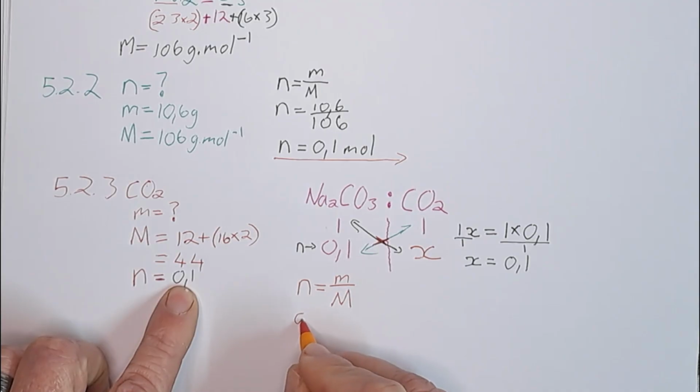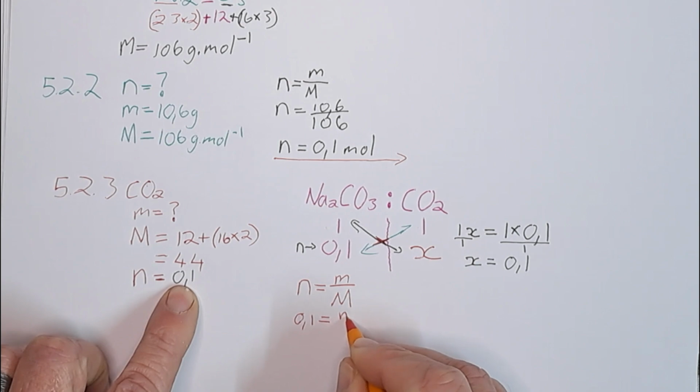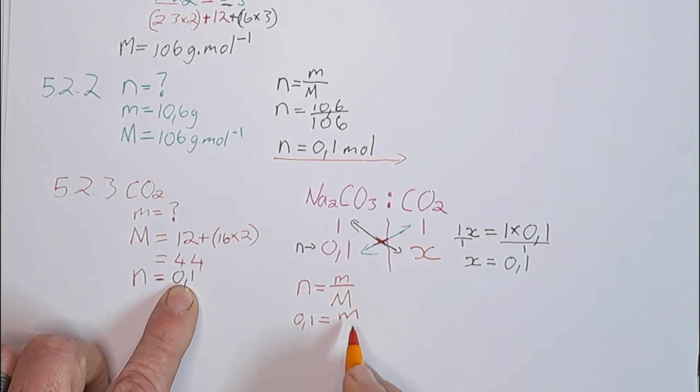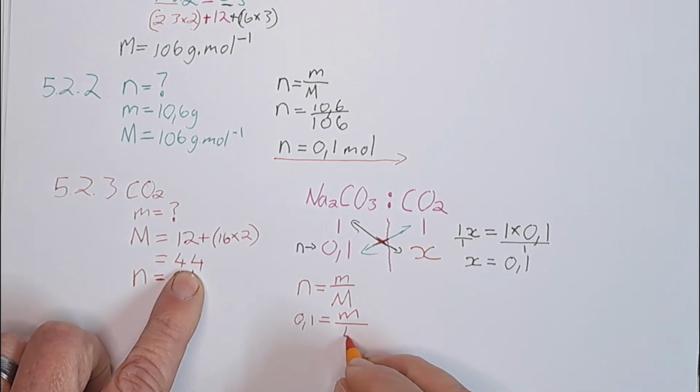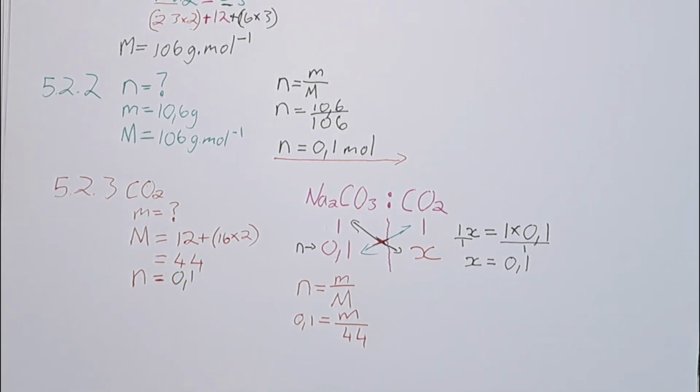We've got it as 0,1 equals mass is what we really want, and then our molar mass, we calculated it there as 44. All right, and then we do some maths here. So basically I want mass alone, the baby m. So I need to get rid of this divide by 44. How can I get rid of it? By multiplying with 44. And what you do on the one side, you have to do on the other side as well.